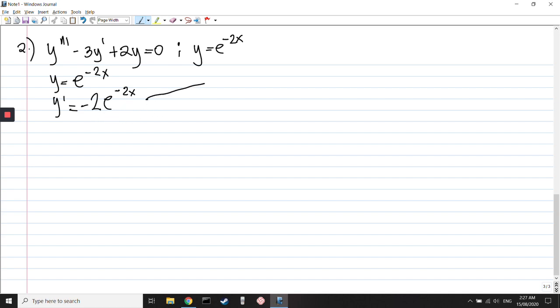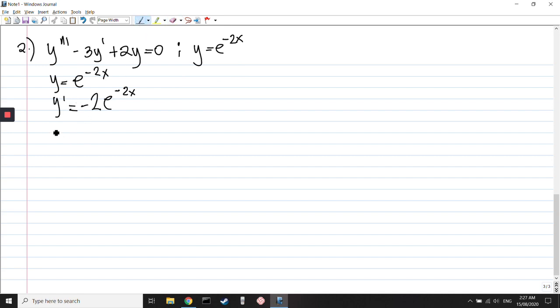This one right here is again from differential calculus: the derivative of e raised to the power of u is equal to u prime times e raised to the power of u. So I just need to delete this one to have a cleaner paper.